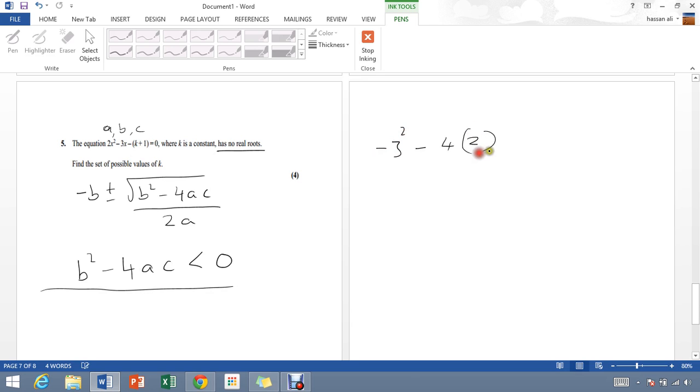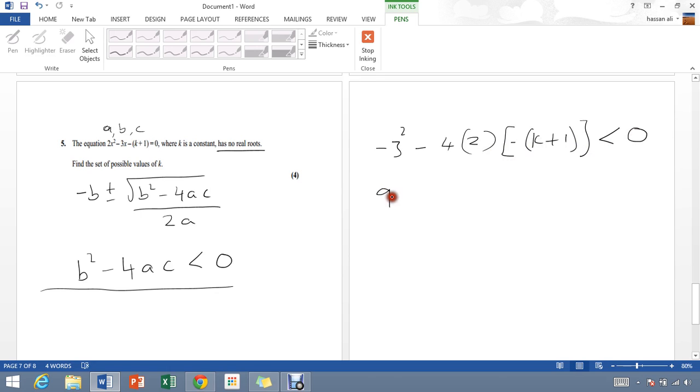A is 2. Now you've got to be careful here because c is all of this bit, minus (k plus 1). So put that in a square bracket: minus [k plus 1]. And all of that has to be less than 0.